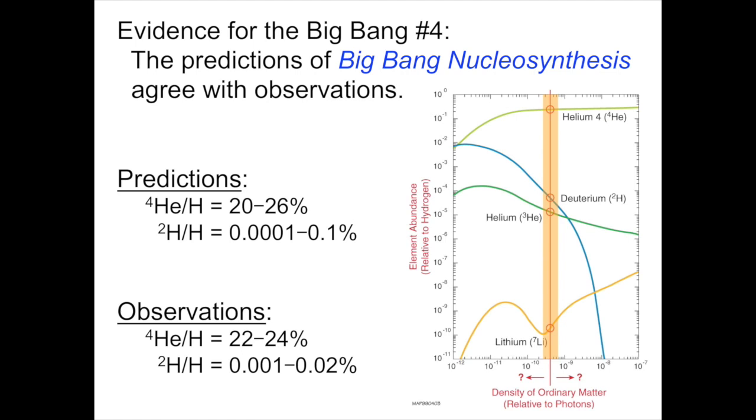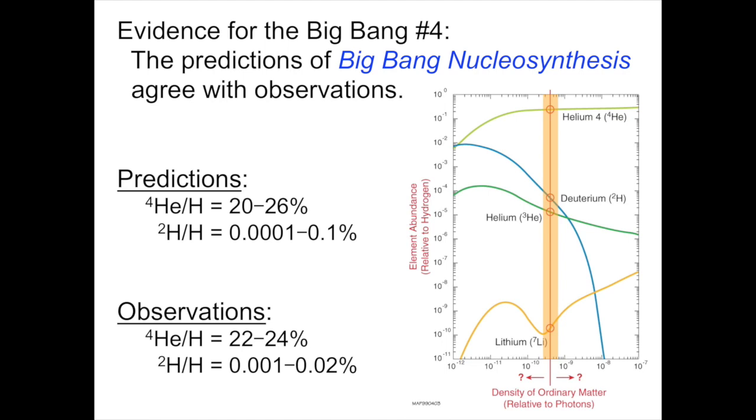It's kind of a delicate balance, but nonetheless, we don't know exactly what the density of matter and the density of photons were in the early universe, but if we look at the predictions of primordial nucleosynthesis, then we would expect the abundances of helium-4, the normal nucleus of helium, deuterium, light helium or helium-3, and lithium-7 should all line up on a line close to where our estimates of the matter and photon density are, and indeed, those predictions and the observations are right in line with each other.